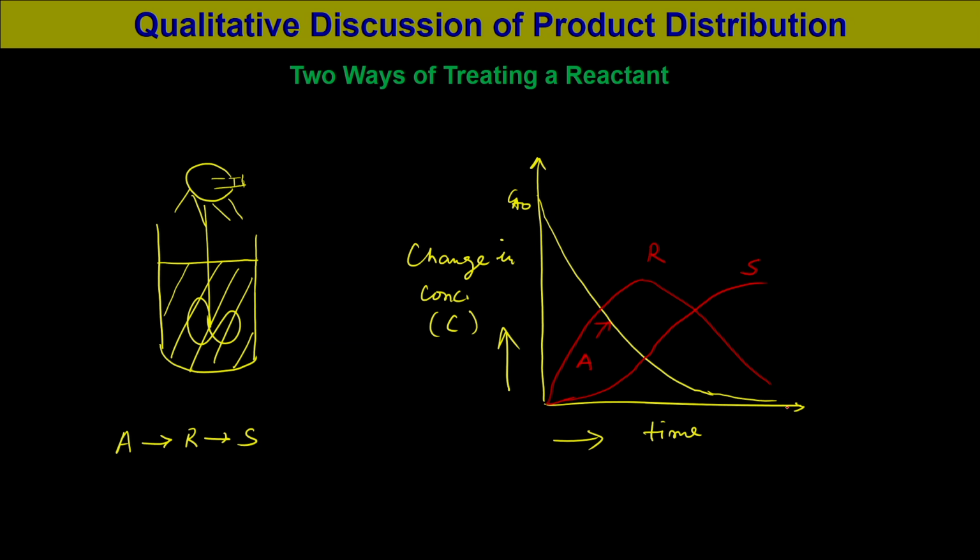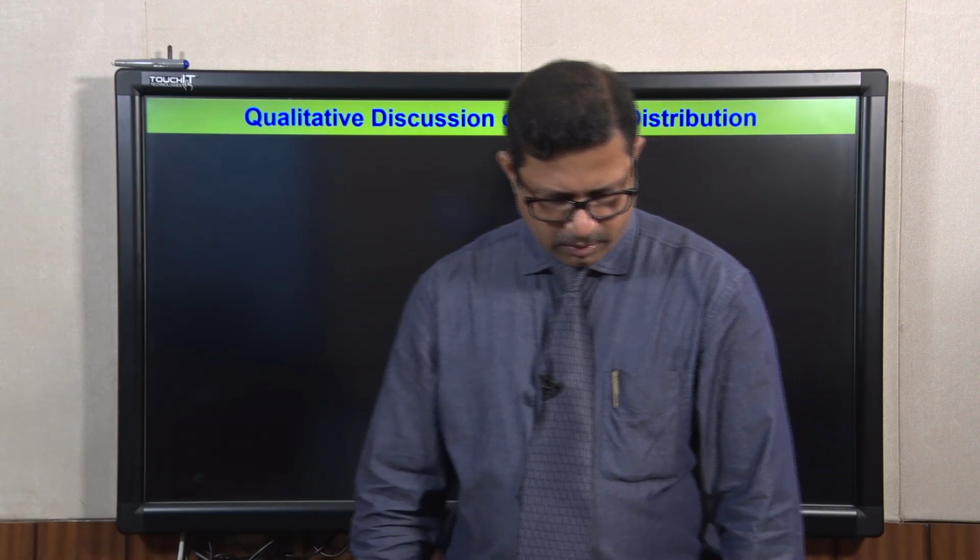Now, if we treat this system in a different way, we take a CSTR, and then the content of the reactant is taken out and pumped through another cell where the light is put on.